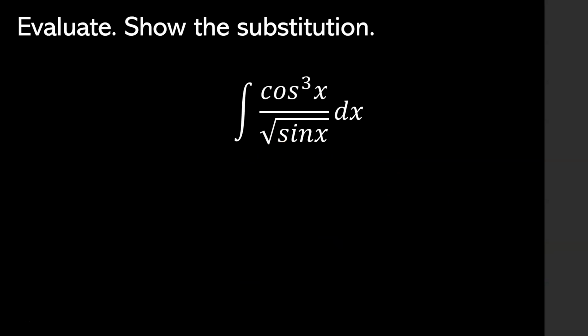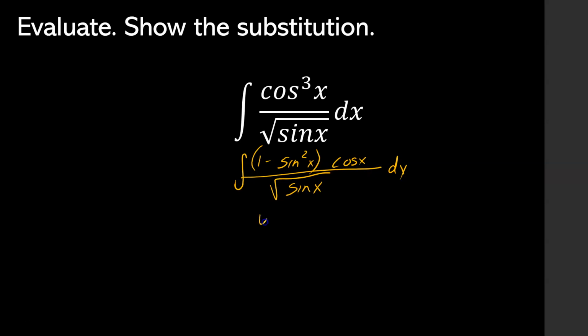Ooh, a little bit tricky. What should we do here? Well, I'm not sure, but that cosine cubed, that feels like I should change things into sine. Let's go ahead and try that. So let's rewrite this as 1 minus sine squared, leave a cosine of x, over the square root of sine of x.